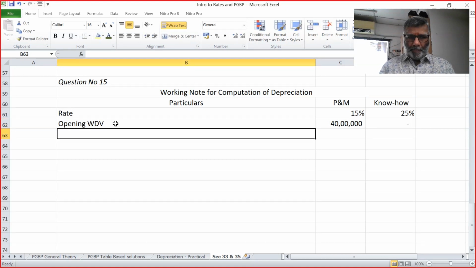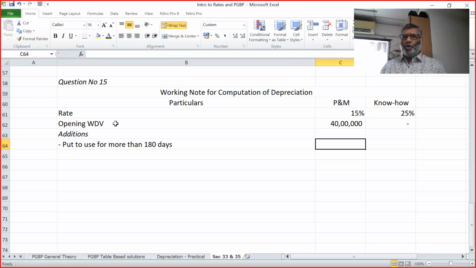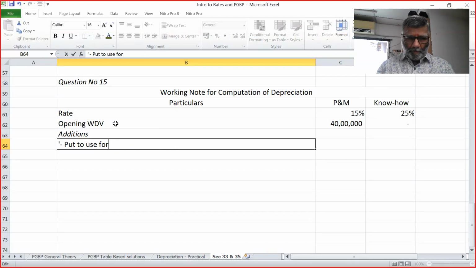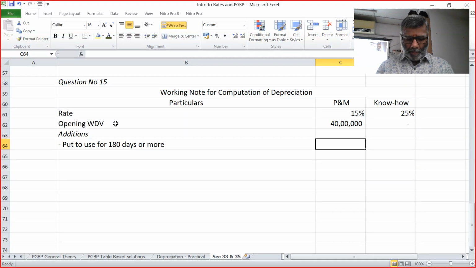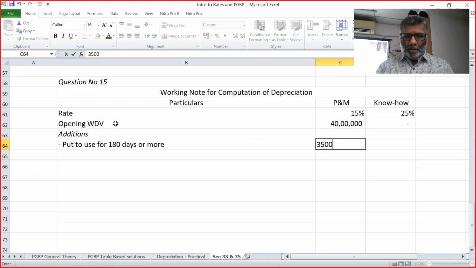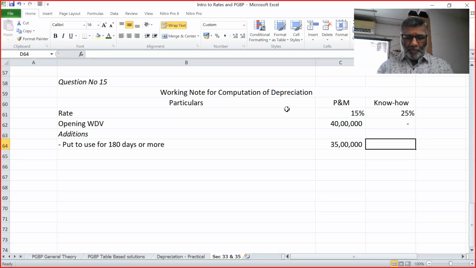Nil. Additions put to use for 180 days or more: 35 lakhs. And I think the know-how is also acquired on 10th April, 25 lakhs.